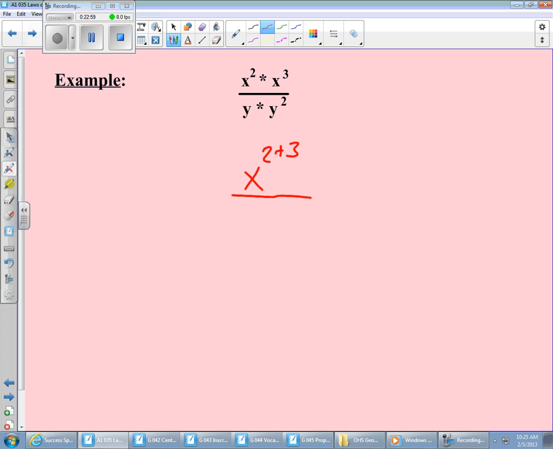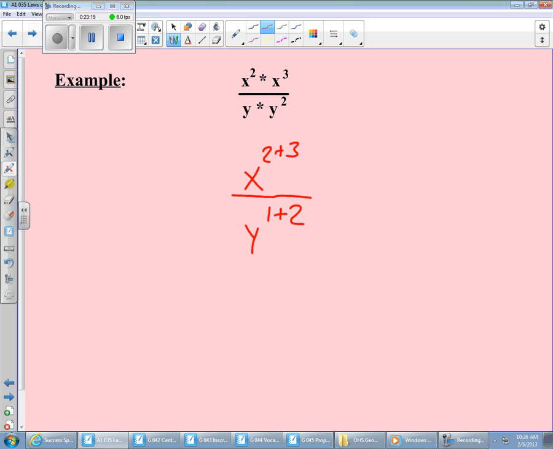What's going on in the denominator? Yeah, we've got y's in the denominator. Do you see any particular law operating on the y's? Yeah, Law 1 again. We've got y times another y. So once again, that is an addition problem: 1 plus 2.